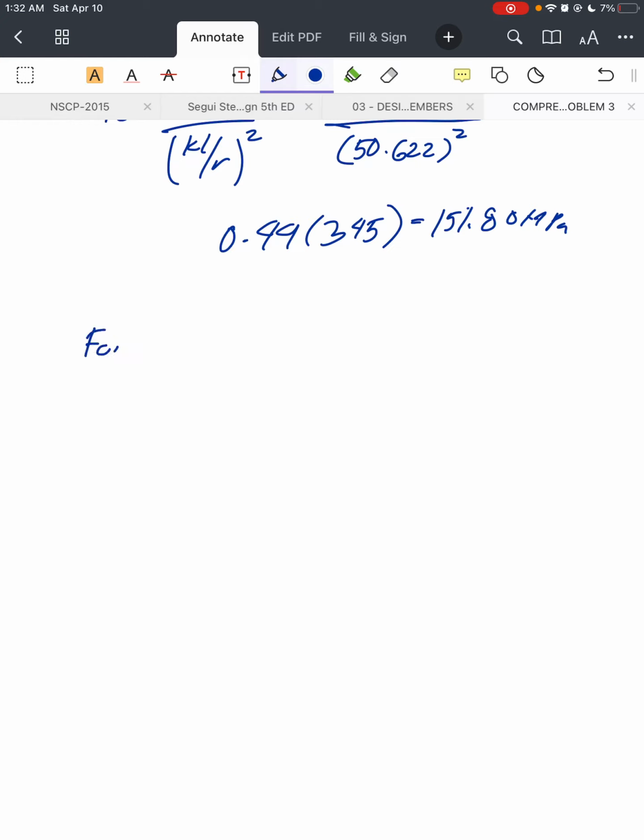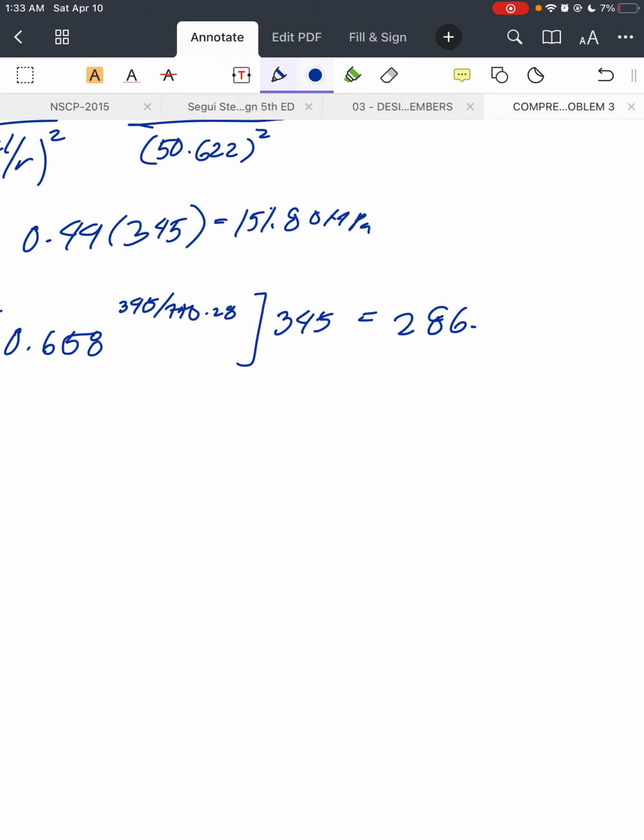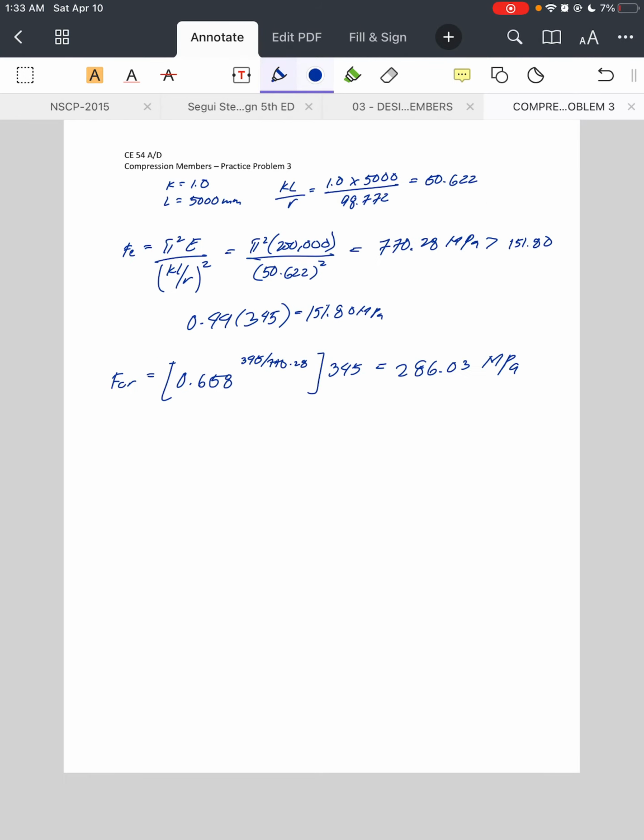So your Fcr is quantity 0.658 raised to 345 over 770.28, quantity times 345. That is equal to 286.03 MPa.